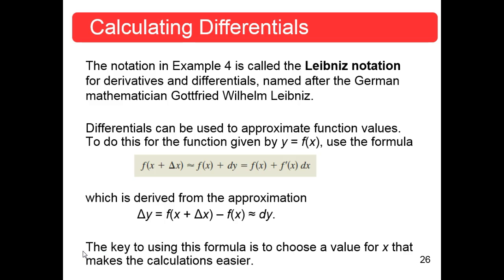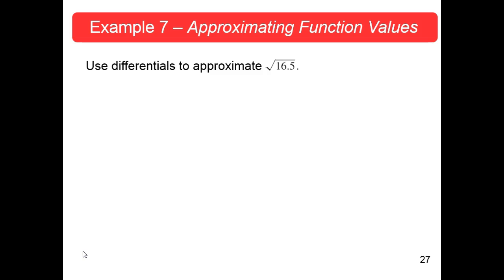The key to using this formula is to choose a value for x that makes the calculations easier. Okay? Didn't know that was the key, but that's what they say. So let's do this one. Use differentials to approximate the square root of 16.5.